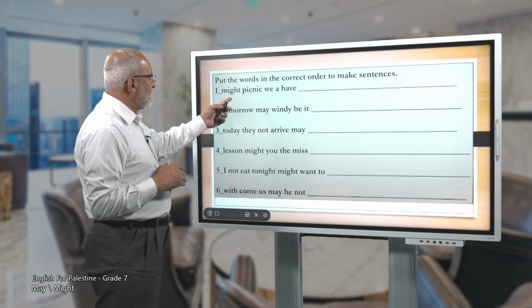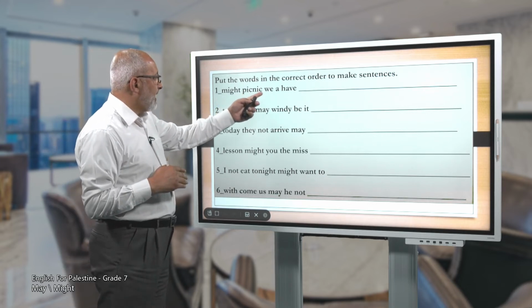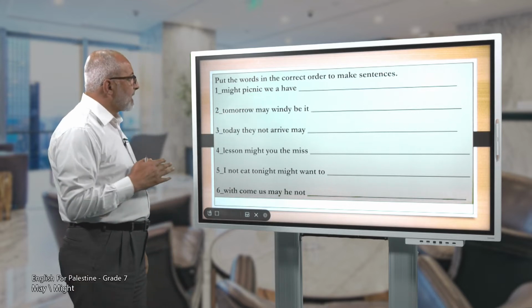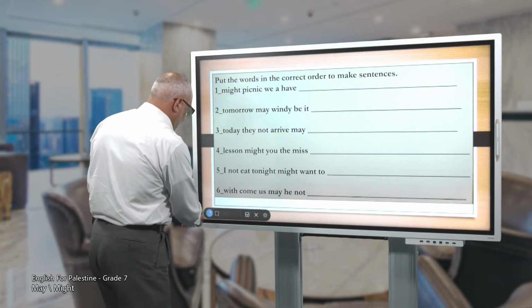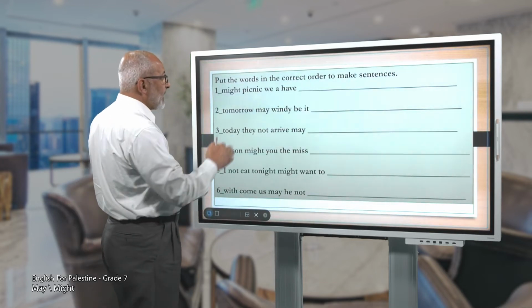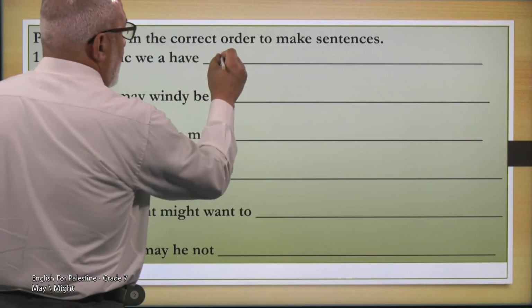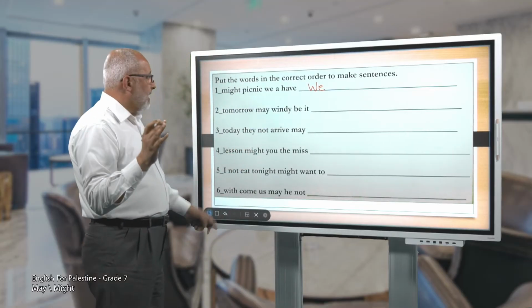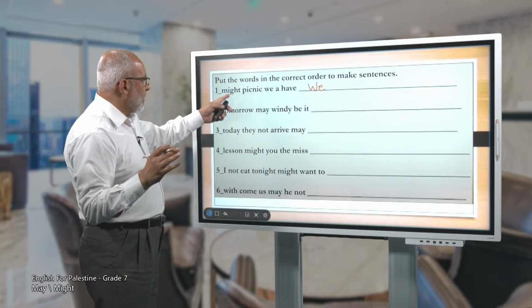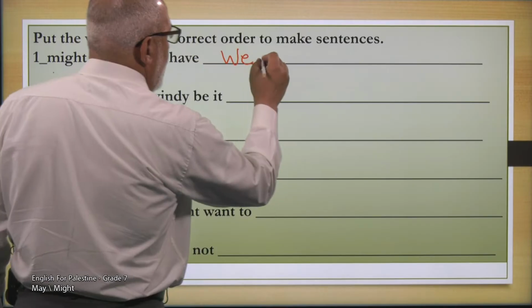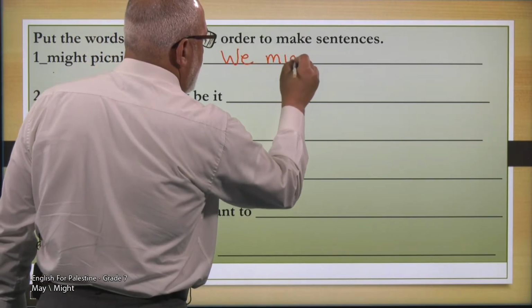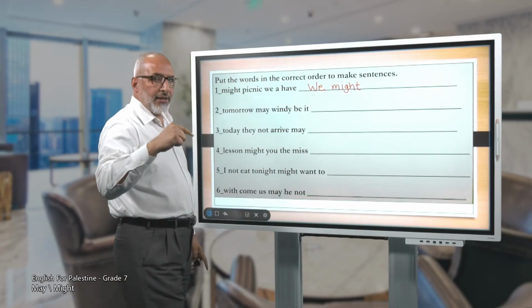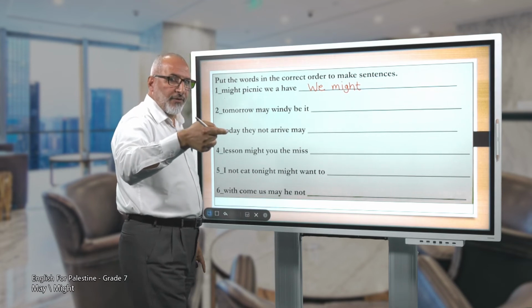Here we have might, picnic, we, have. The subject here is we. So the sentence starts with we. Great. The word might, we might, subject, then might. Might is followed by the infinitive form of the verb.